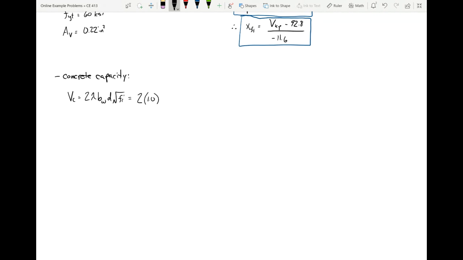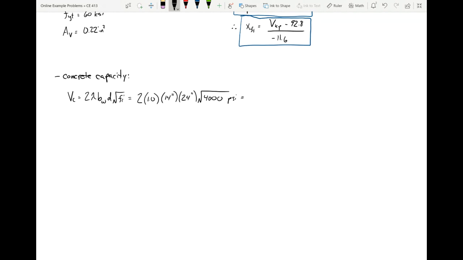For this beam, BW, remember that's the web width, but since we're dealing with a rectangular beam, we just use B. So that is 14 inches. D is 24 inches. And then the square root of FC prime. Remember, FC prime is 4 KSI, but we always put in 4,000. Remember, put in PSI, get out PSI.